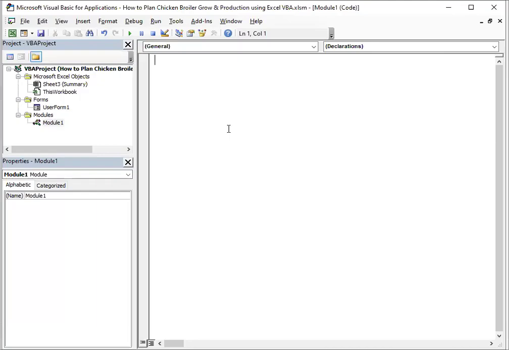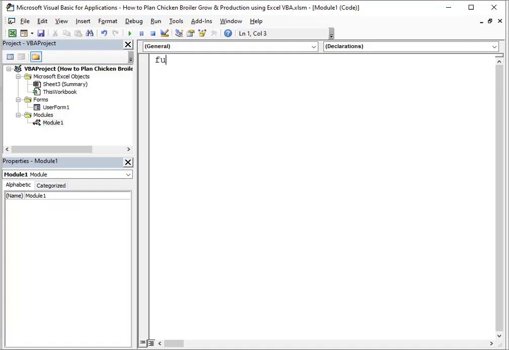The last one would be a function to calculate the processing plant operating hours to process the birds that have been harvested from the farm houses. I'm also going to create the macro for the user form, rather the macro for calculating the parameters. But first I'm going to start with the functions.